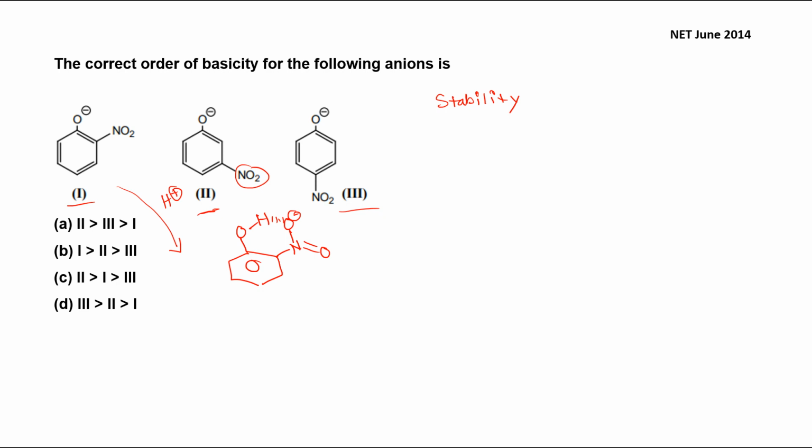So after capturing H plus, it is becoming more stable. This type of intramolecular hydrogen bonding you cannot get in case of 3, right? So this species is becoming more stable after capturing H plus. That means this should be showing more basicity than 3. So considering all this, after 2, which we have already decided is at first position, which you can get in A and C, among 1 and 3 it will be 1 which is more basic. So that is why it is the correct option.